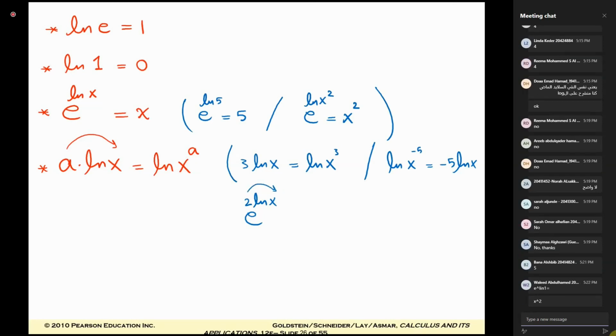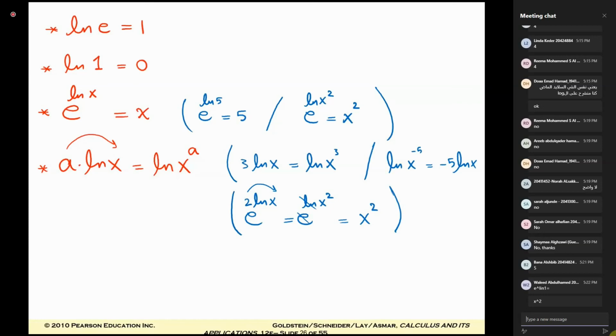So we have e to the power ln x square. Now we can remove e with ln, so we have x square. This is an example of how we can apply the second, third and fourth properties.